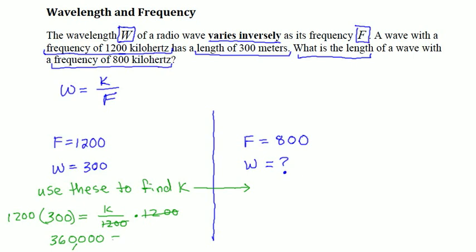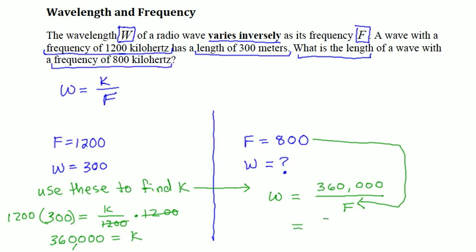So 360,000 is equal to my K. So my relationship here is W equals 360,000 divided by F. I can plug in 800 for my F, and I don't know W, so I'm going to use this to find W. 360,000 divided by 800 comes out to be, I think, 450, because a factor of 100 drops out.